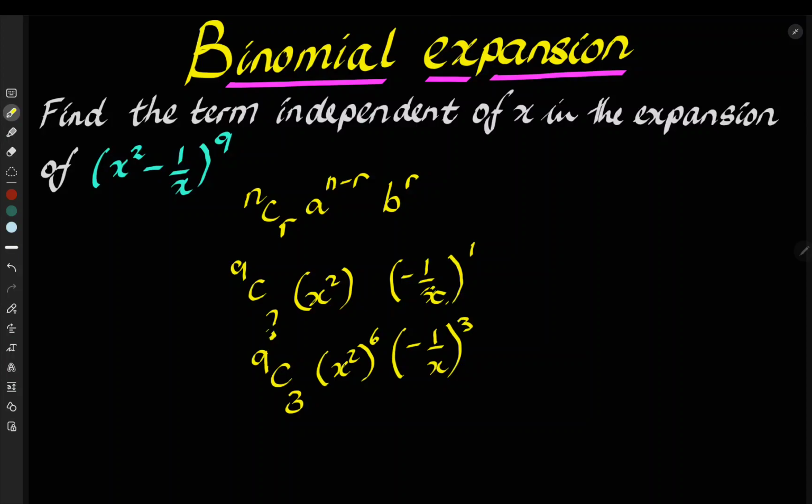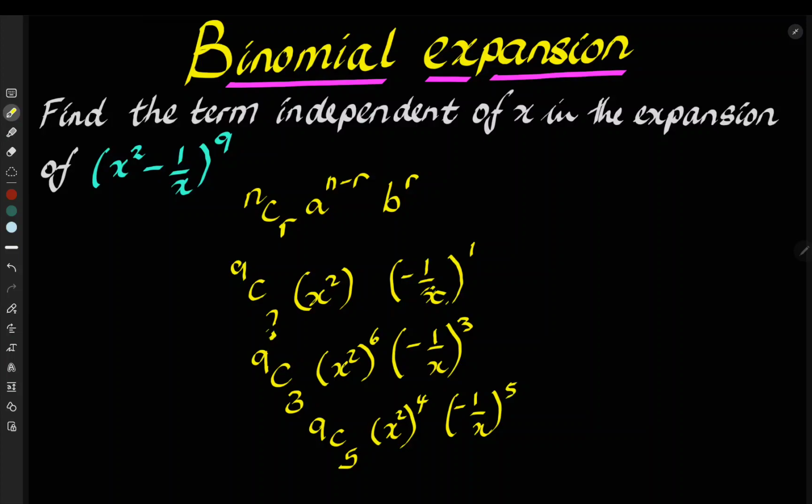So let's go ahead and choose a number. So if we go 9 choose 5, then we realize that this becomes x squared to the power 9 minus 5, that will be a 4. Then we'll have 1 over x to the power 5. You see this is power 8 and power 5. So again, they don't cancel.